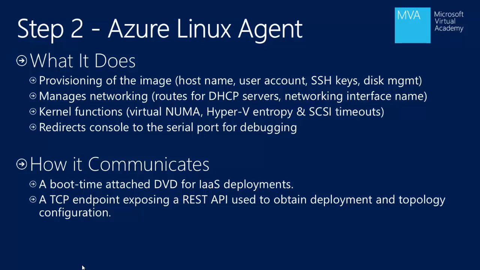It communicates when the VM is booting up, and it attaches itself as a DVD for deployments. Also, a TCP endpoint is exposing a REST API to get information about the deployment and topology configuration.